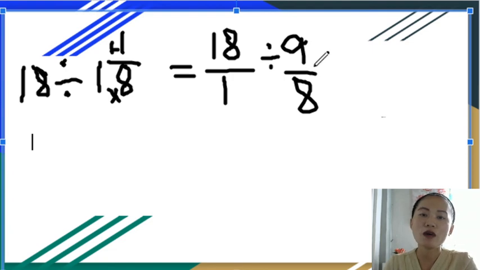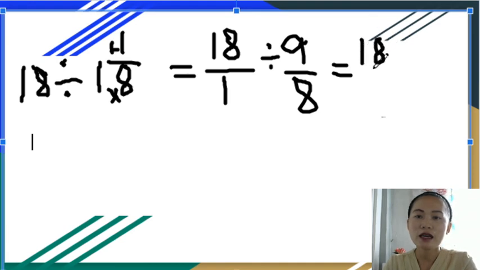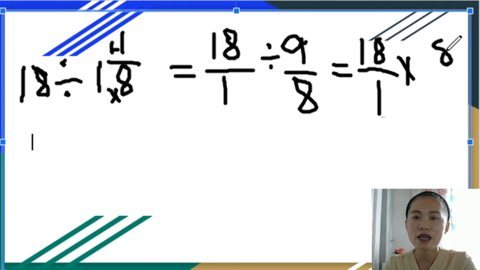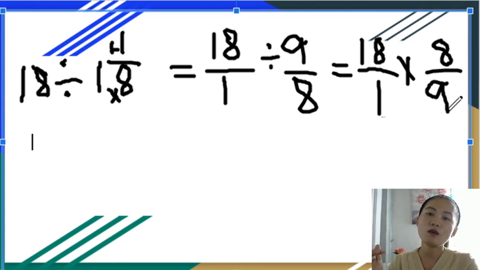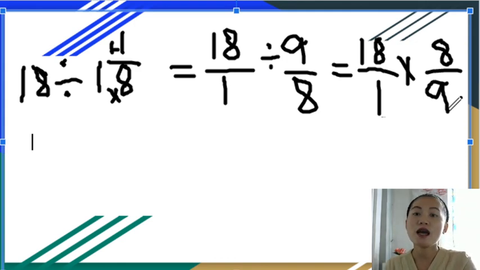So, hindi pa ito dahil division tayo. So, now we're ready to rewrite. And then, palitan natin yung division into multiplication. What is the reciprocal of 9 over 8? So, we have 8 over 9. Now, again, we make use of the cancellation method kapag pwede nating i-apply.